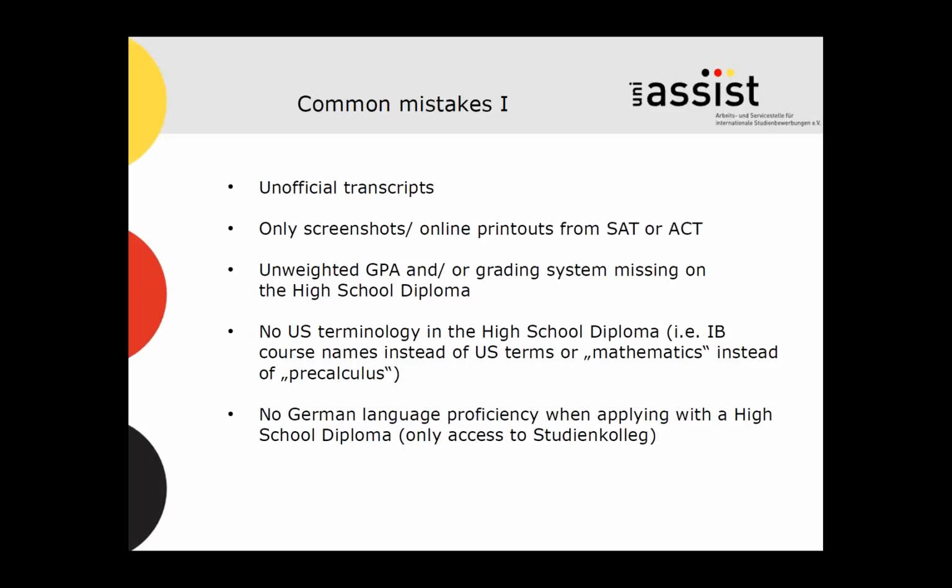Very often high schools that also offer IB programs don't use US terminology, and they use only terms such as IB math instead of pre-calculus. And then we cannot check if you meet the requirements set for the high school diploma. That's why in this case, please submit a US high school diploma issued according to US curriculum.